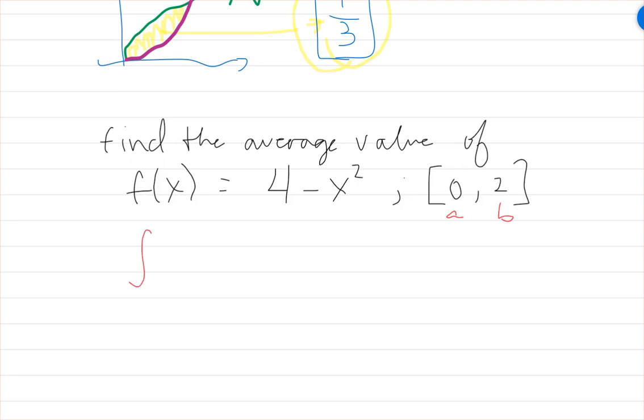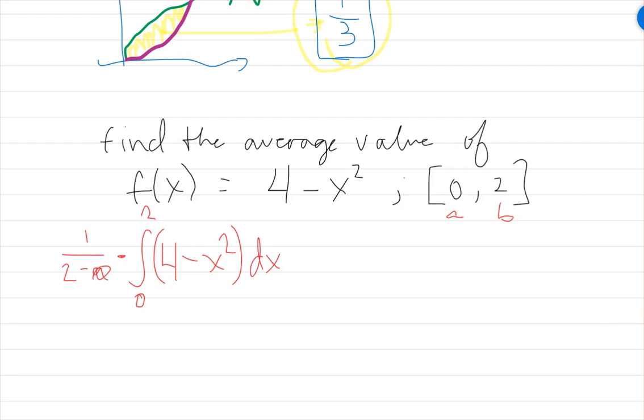And so we're going to say the integral from a to b of f of x dx, and that's going to be times 1 over b minus a. Oops, not actually put the letter a.